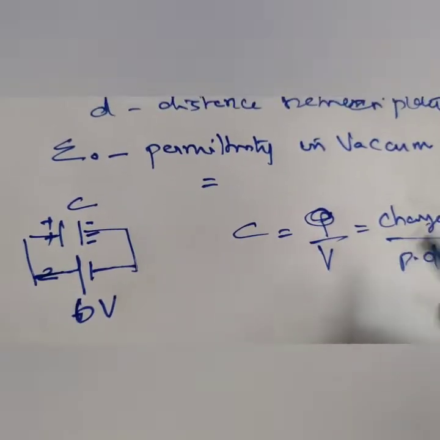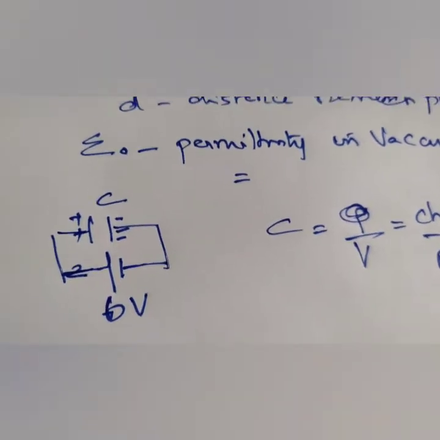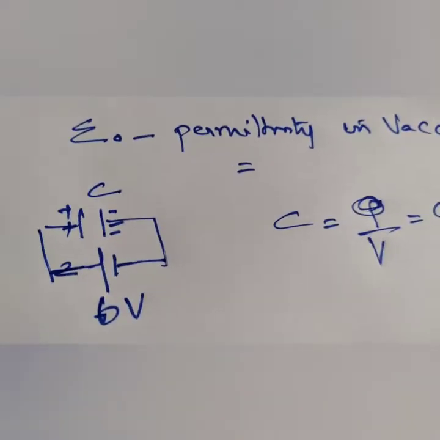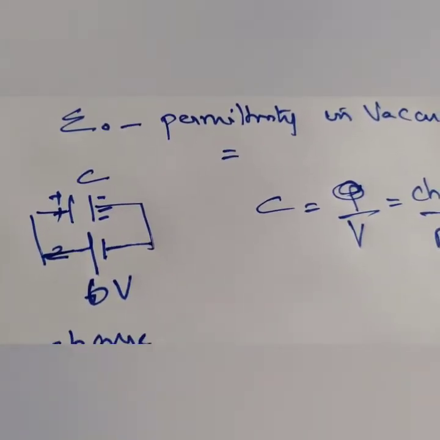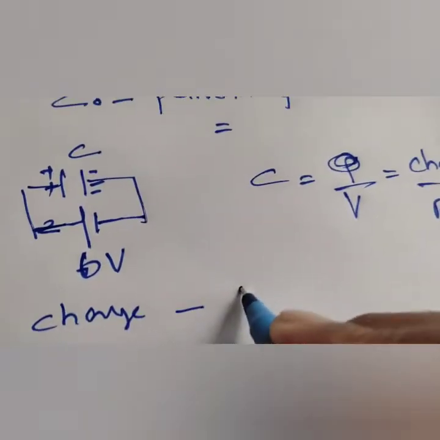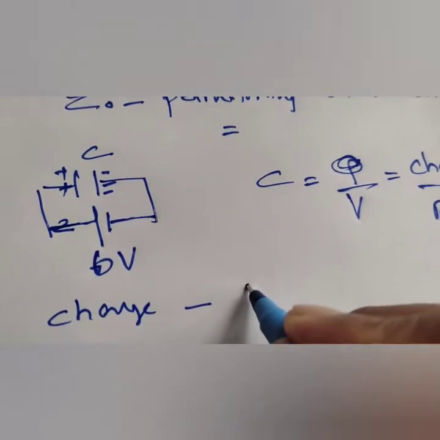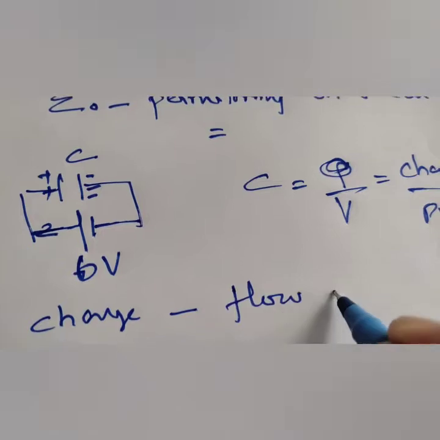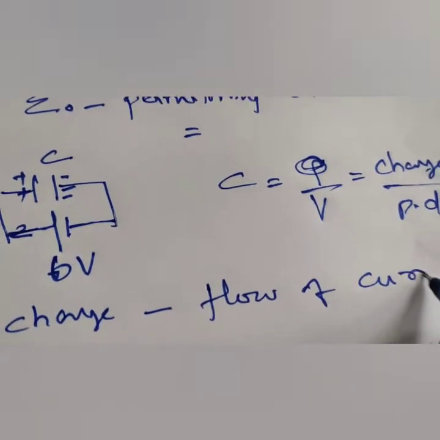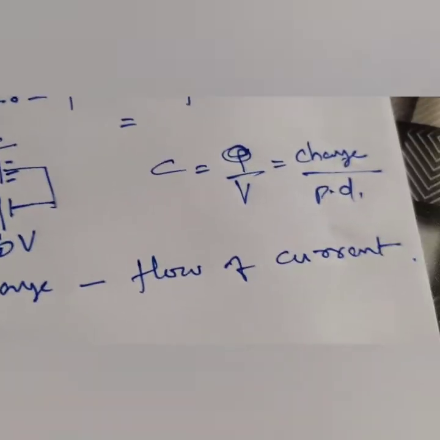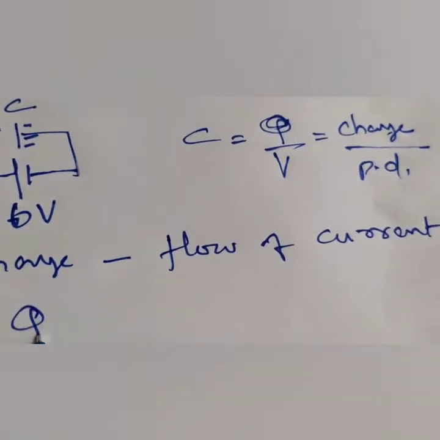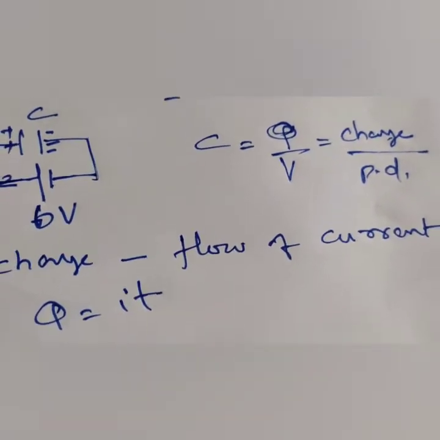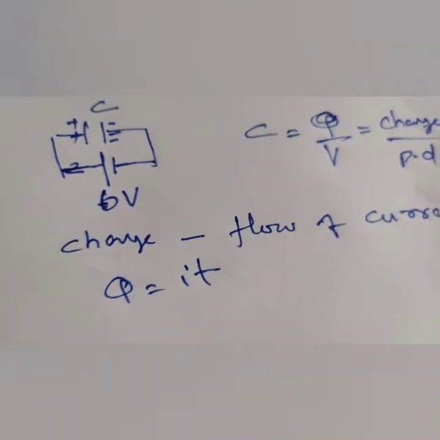If you know the charge, you can find out the potential difference. Charge means the flow of electrons, the flow of current. Q is equal to I T, current in time.